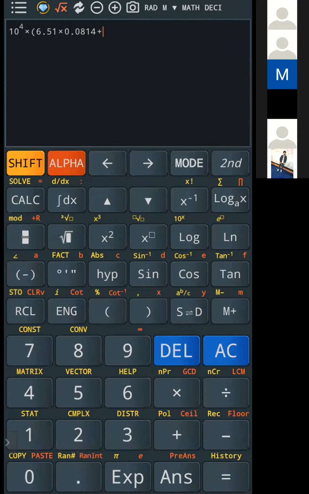Again this minus becomes plus, this 8 into 0.1837, right? It completes. So how much answer are you getting?